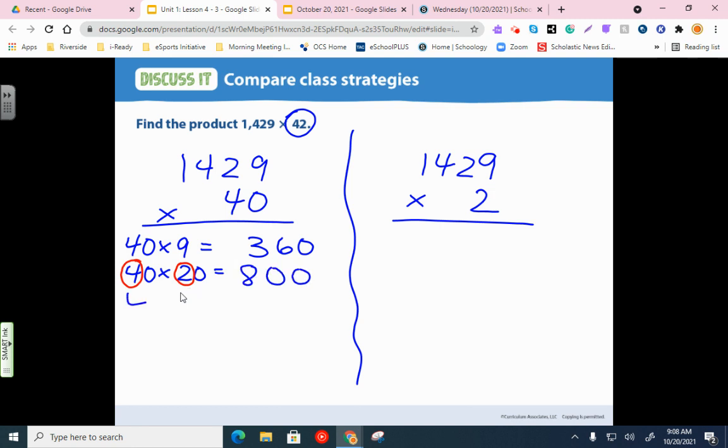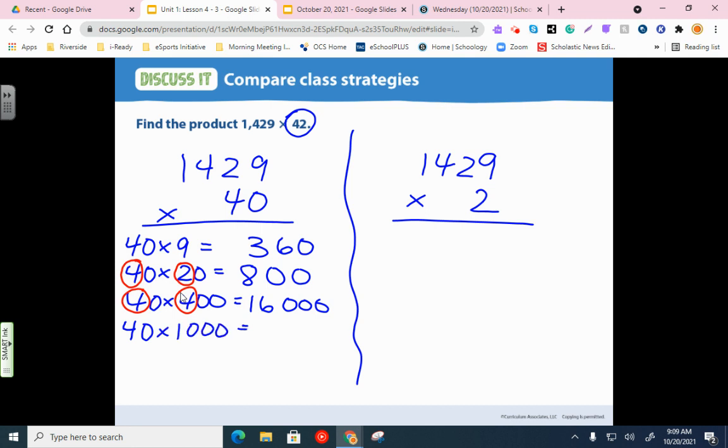Get that. And now it's 40 times 400. Take your 4 and your 4 here. That gives you 16. And then put on your 3 zeros. And let's do 40 times 1,000.